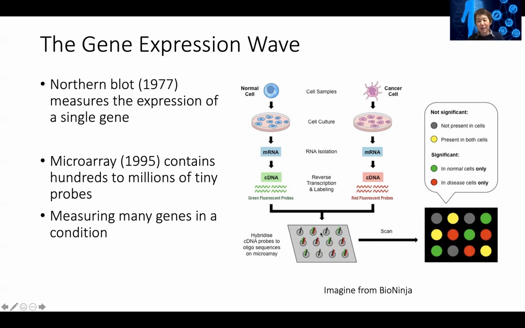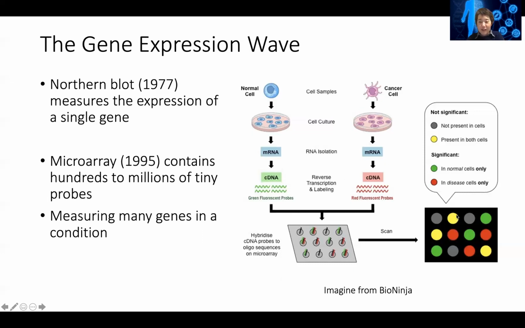After hybridization and wash, you shine color onto the slide. You'll be able to see, based on the color, whether some gene is higher in the normal condition or the cancer condition. For example, if it's dark, it means that this gene is not expressed in either condition or expressed pretty lowly.